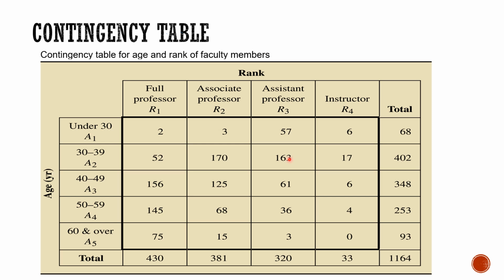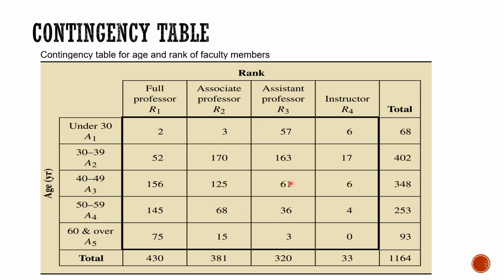There are 163 individuals who are in the age group 30 to 39 and have the rank of assistant professor. So that is how you read the values in the center of this table, surrounded by the bold rectangle, right? Then let's do another one. There are 36 individuals who are assistant professors who are of the age 50 to 59.